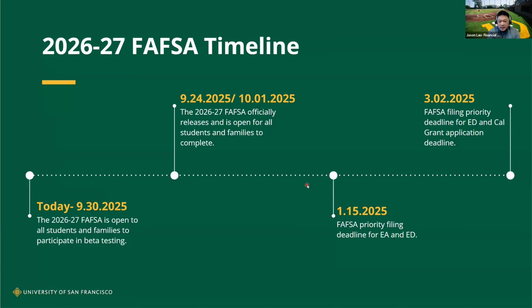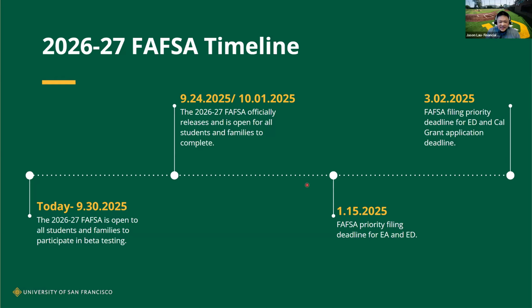Here's our current timeline for this FAFSA. I put today to the end of September because originally that was the plan, but the 2627 FAFSA was open to all students and families to participate in beta testing. Breaking news, as of yesterday, it officially released.